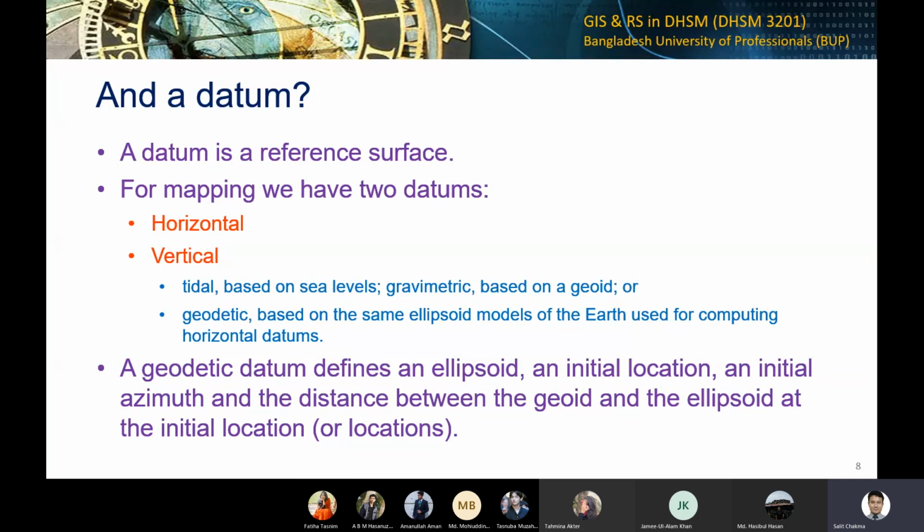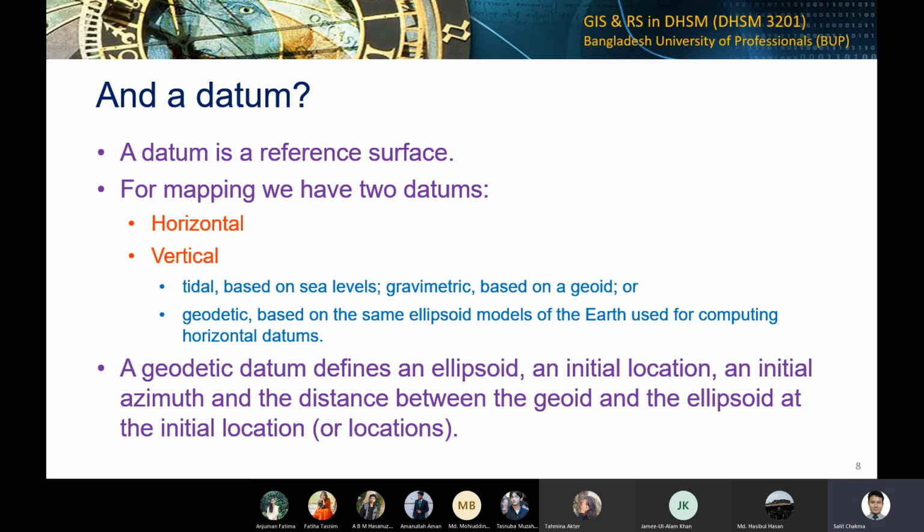It's a tidal datum, so it depends on the tides. It depends on the sea levels. It depends on the gravity. It depends on the geoid. So based on the changes on the surface, the vertical datum also changes. So right.